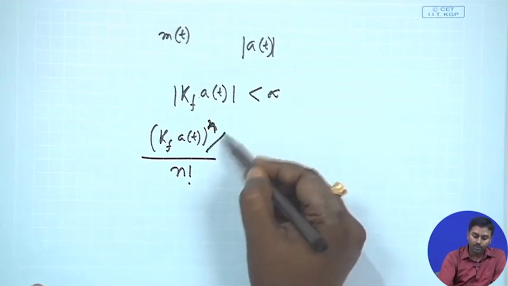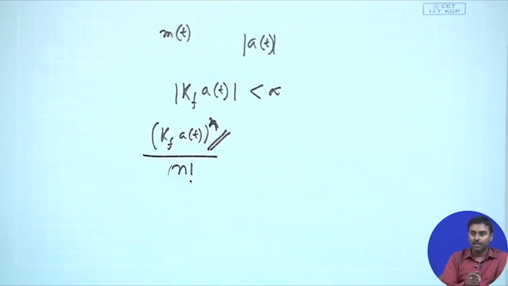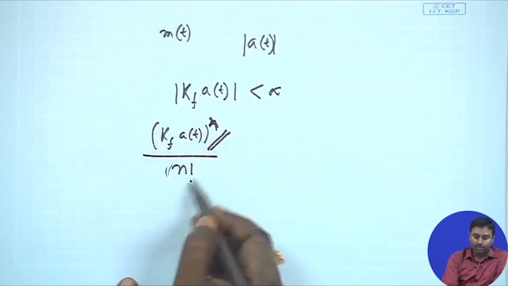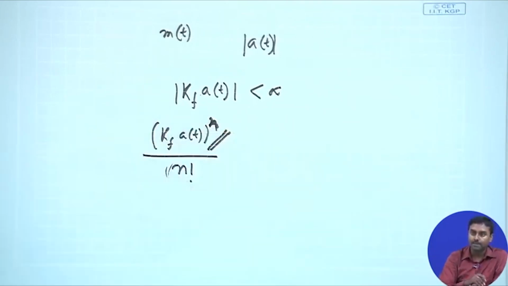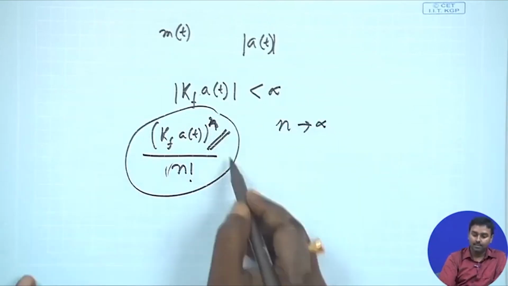We know that this polynomial term does not grow as fast as the factorial term, because in the polynomial term the same thing is multiplied n times, whereas the factorial grows much faster. If this is already bounded, the factorial will grow faster than this one. Once I know this, I can say that as n approaches infinity, this will approach 0.